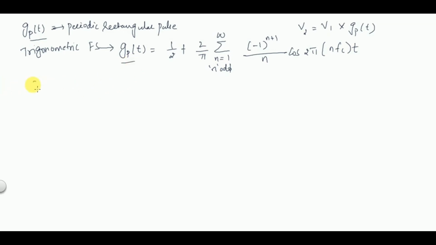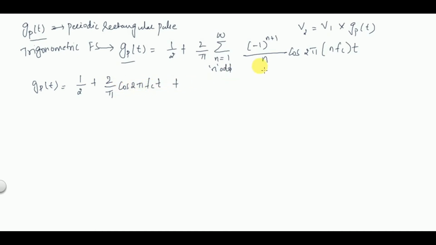So expanding that, we'll get Gp of t is equal to 1 by 2 plus 2 by pi into, when you substitute n equal to 1, cos 2 pi fc t.